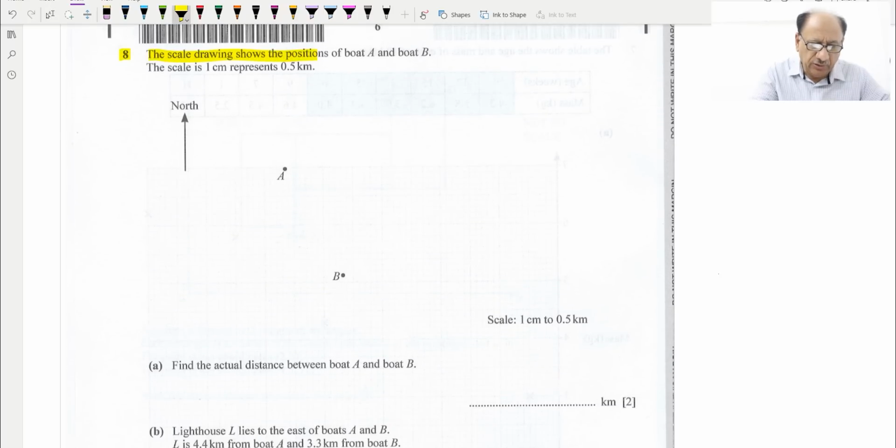The scale drawing shows the positions of both A and B. The scale is 1 centimeter represents 0.5 kilometers. So this is the scale provided.